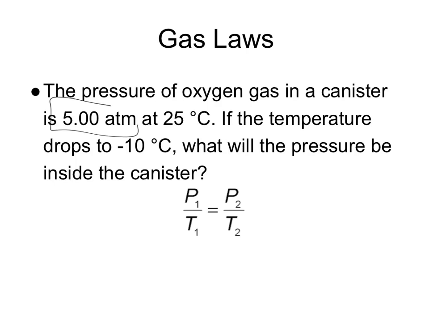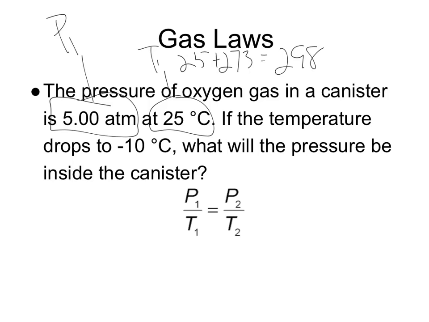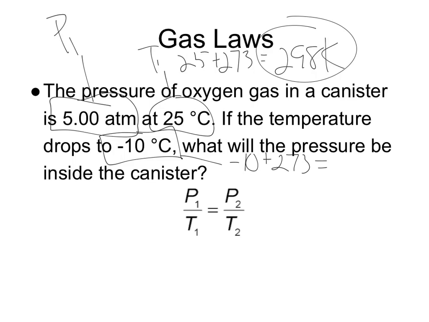So we have a starting pressure of this canister of 5 atmospheres, a starting temperature of 25, so I'm going to do 25 plus 273, always convert to Kelvin, that's 298. That's the number I'm going to use in the formula. And then the temperature drops to -10. So if I do -10 plus 273, I get 263 Kelvin.